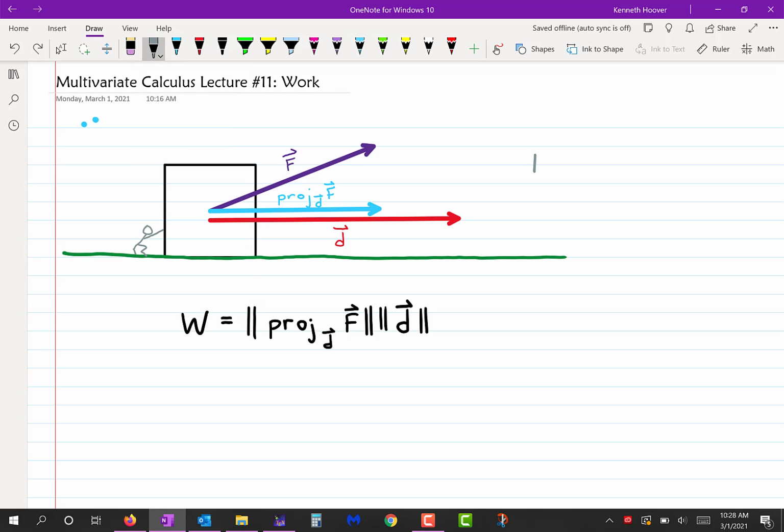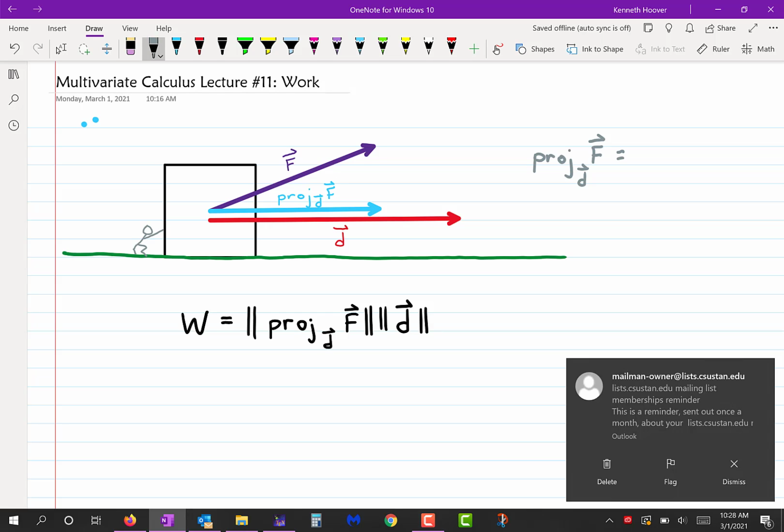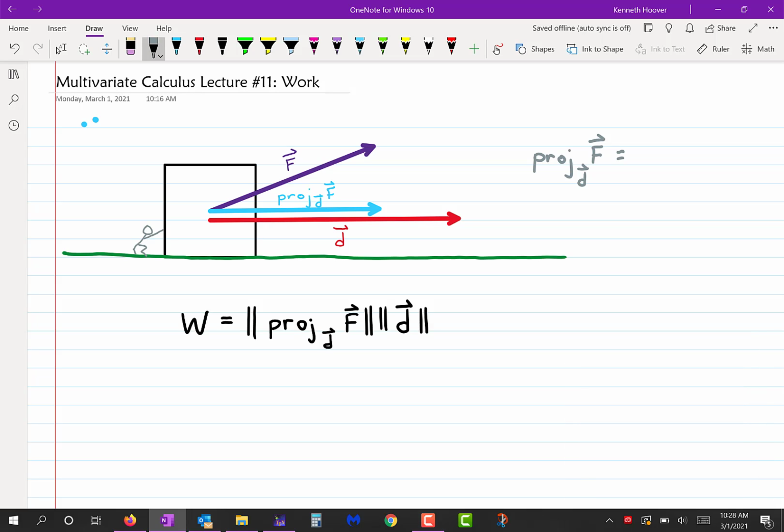The projection of F onto D is equal to a number, or if you prefer, a scalar, times vector D, and that's because it's parallel to D, so it has to be a multiple of D. But what is this number? That's the question.